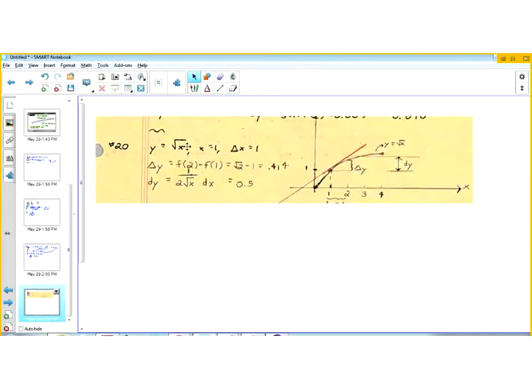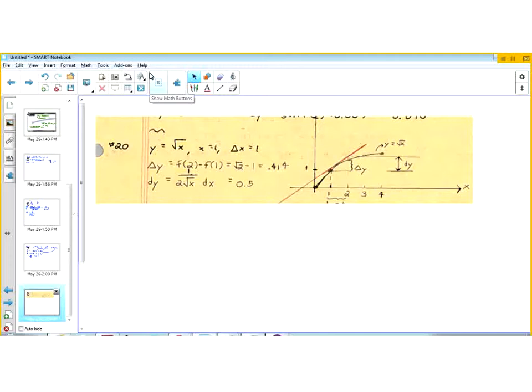For this question, we're given the square root function, and we're analyzing the slope of the secant line and the slope of the tangent line in the neighborhood of x equals 1. And we're given that delta x is equal to 1.